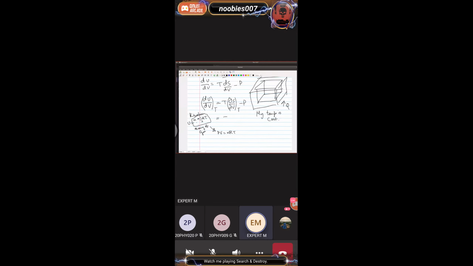So it is T dP/dT at constant V minus P. The ideal gas equation is PV equals nRT, so dP/dT at constant V is nR by V. So this is T times nR divided by V minus P, and P is again nRT by V. So this cancels out and it's 0.